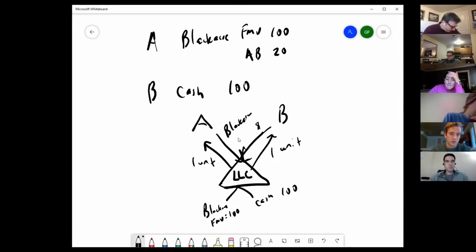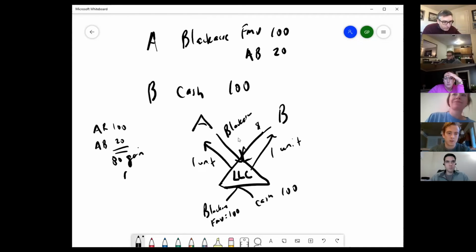So technically we would say, okay, A has an exchange of property, giving up Blackacre and getting back this partnership unit. So A's amount realized is 100. A's adjusted basis in Blackacre is 20. A has 80 of gain realized under 1001(a). But 721 says not recognized.